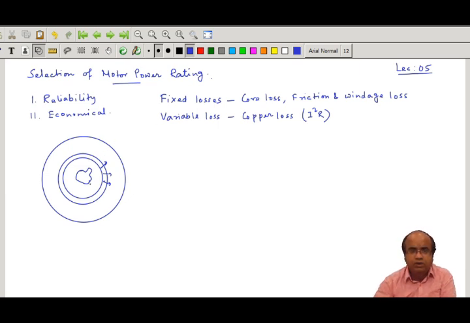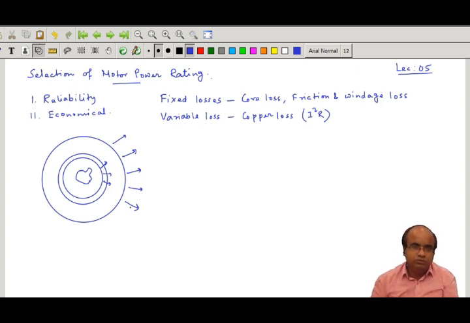After a certain time, when heat generation is more than the surroundings, it will be dissipated from the body of the motor to the surroundings.